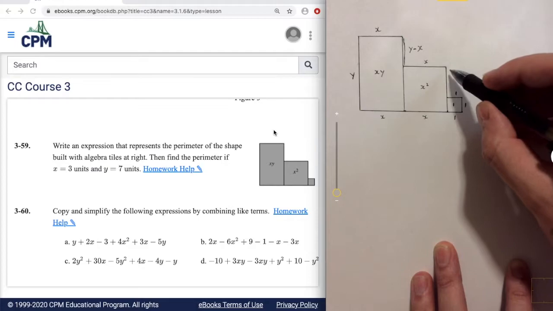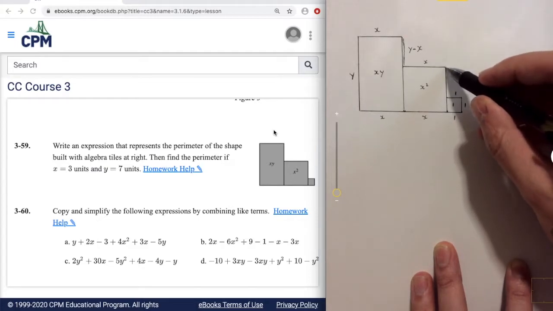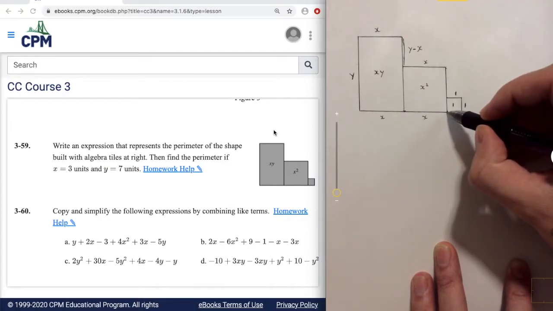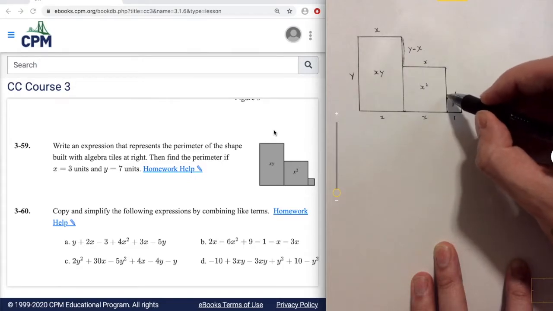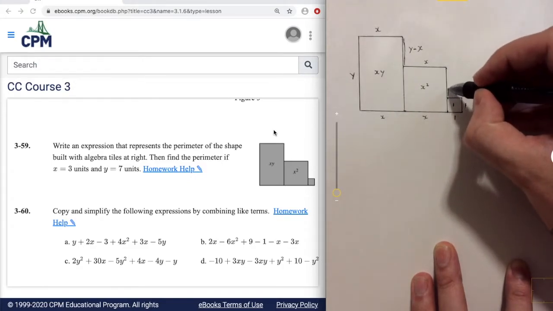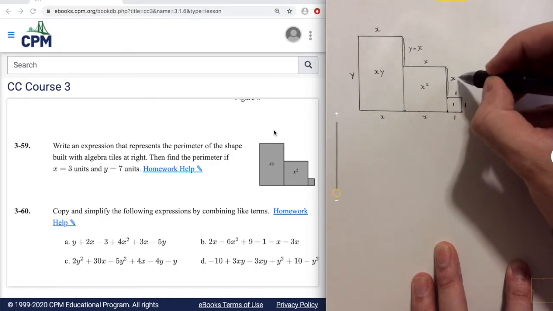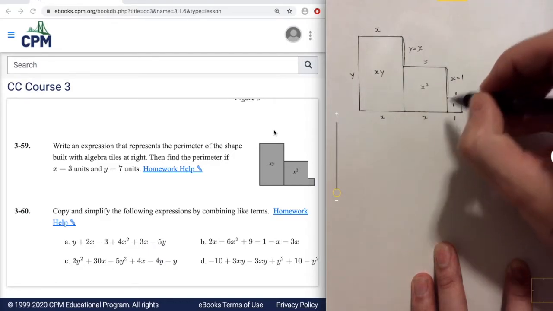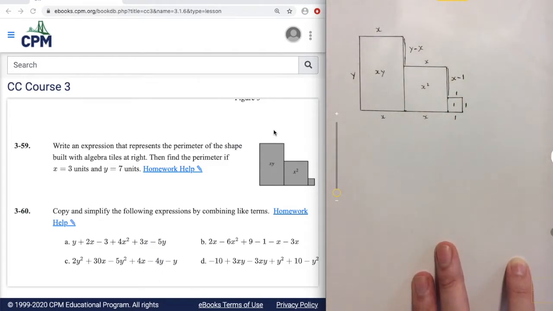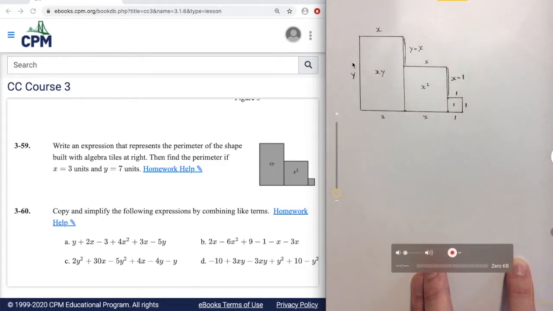And we can do the same thing here, where we know from here to here is x, and from here to here is 1. So this whole length here is going to be x minus 1. Having done that, we now have written the length of each side around this shape.